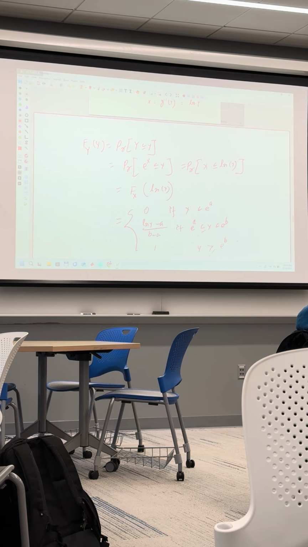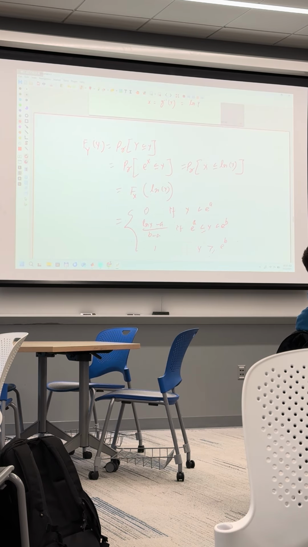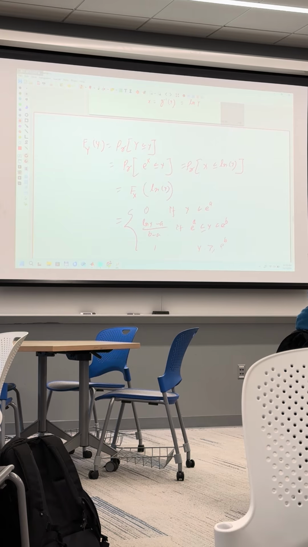In the exam you may expect problems like this, where you will be given the distribution of a random variable. Which random variable? It could be Gaussian, it could be a uniform random variable, it could be an exponential random variable. Then you find what the CDF is.